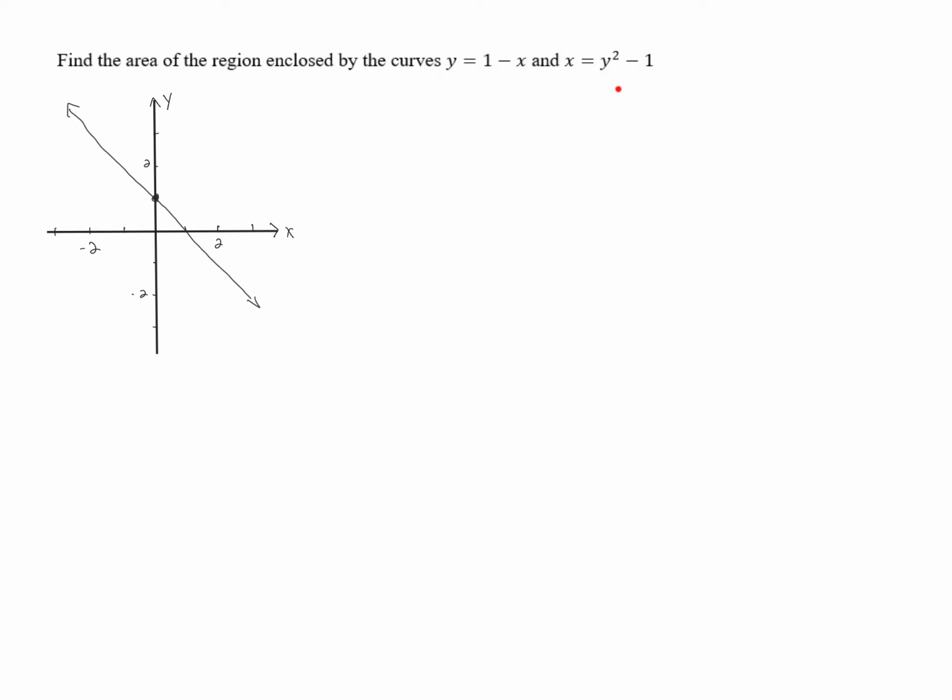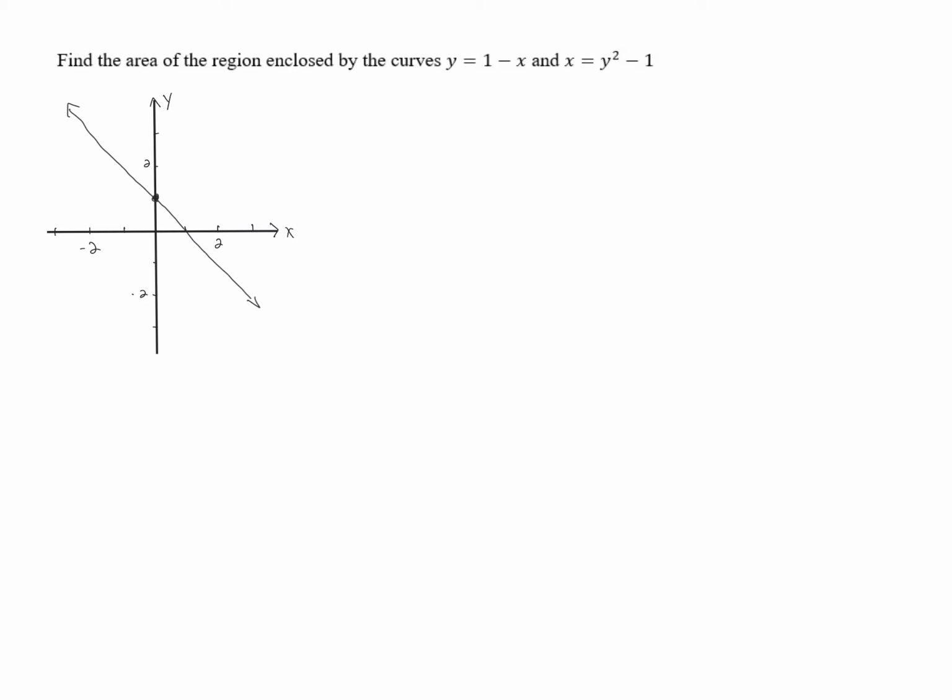But if we look at x equals y squared minus 1, this is written in the form x as a function of y. So we actually have to flip things around and think about what this is going to look like on its side. This is actually going to be a parabola that's opening rightward.